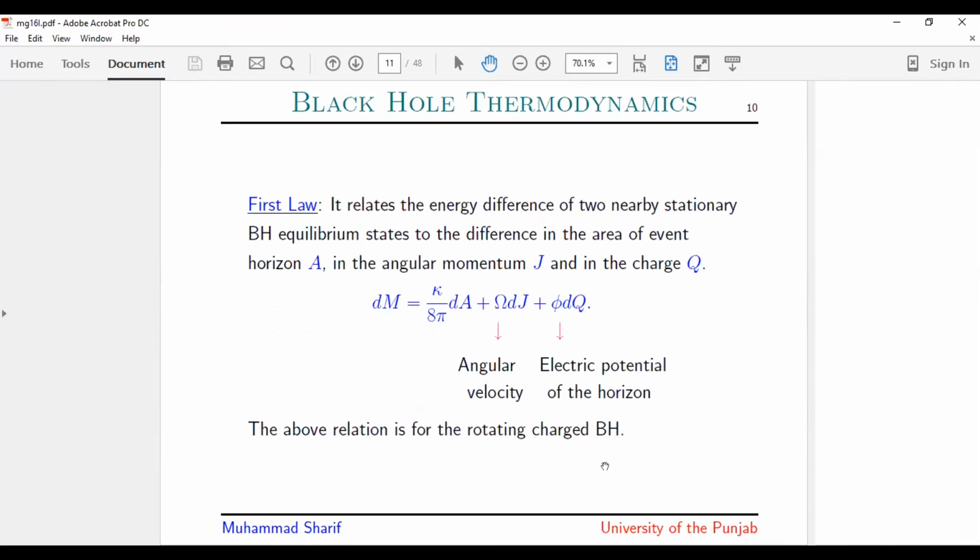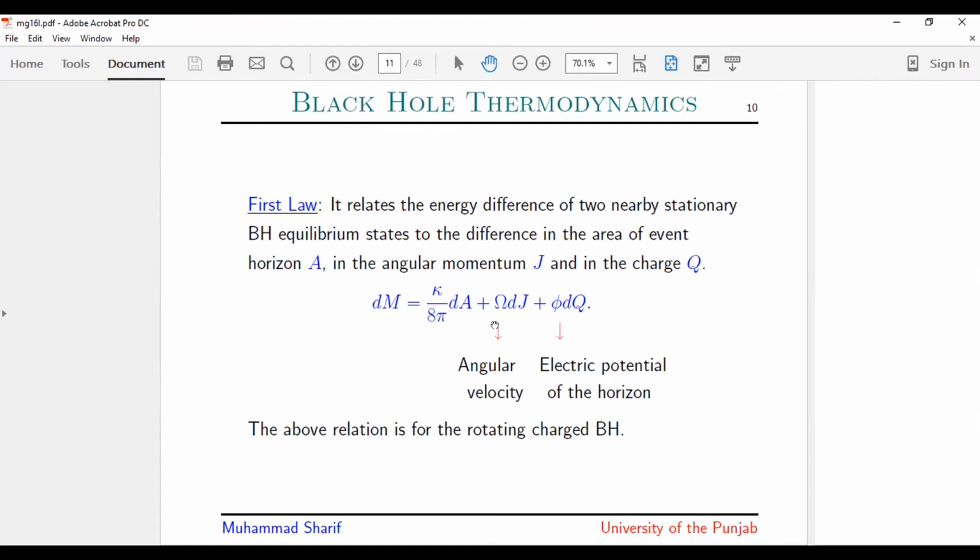The first law relates the energy difference of two nearby stationary black hole equilibrium states to the difference in the area of event horizon, in the angular momentum, and in the charge q. So the mathematical relationship is dM is equal to kappa over 8 pi dA plus omega dJ plus phi dQ.